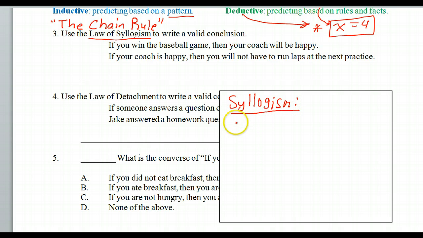Syllogism goes, if A happens, then B happens. If B happens, then C happens.